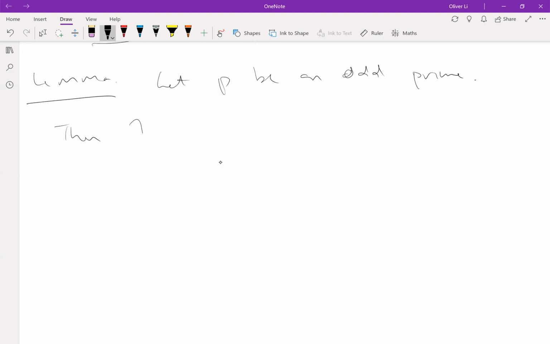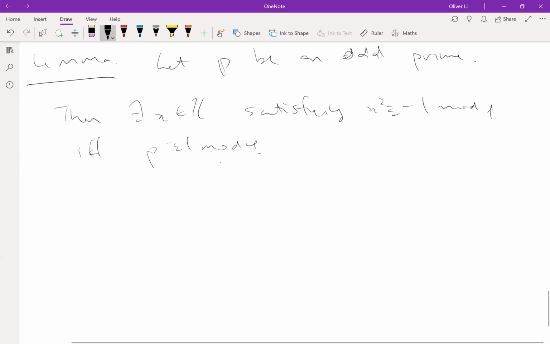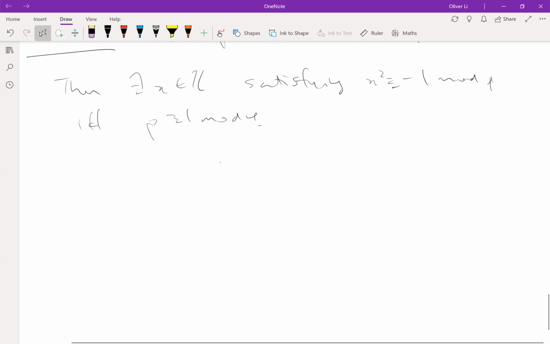Then there exists some integer x such that x squared is congruent to -1 mod p if and only if p is congruent to 1 mod 4. So already we're seeing more resemblance with the original theorem.